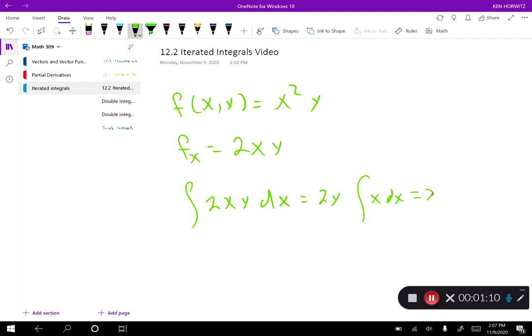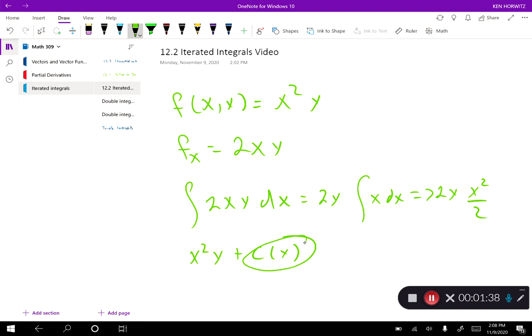If I integrate x dx, so I have 2y as my constant, x squared over 2, and when I simplify, I get x squared y, and then of course we need some sort of a constant, which potentially could be a function of y. Now this constant is not the subject of today's lesson. We'll talk about that in a future section.